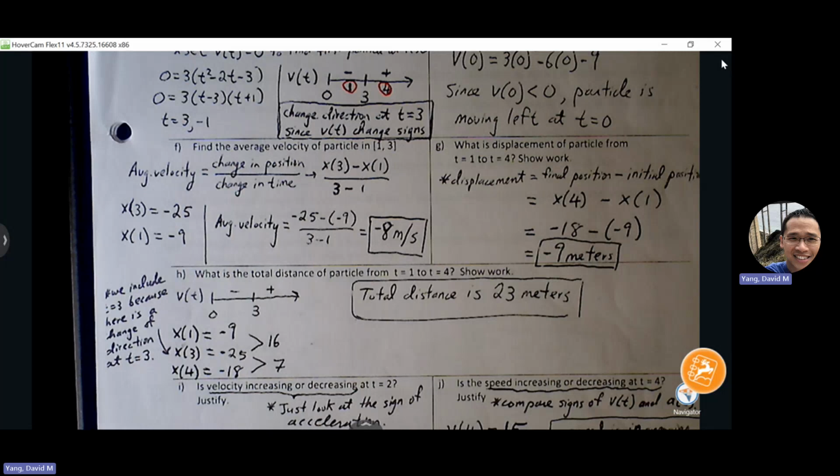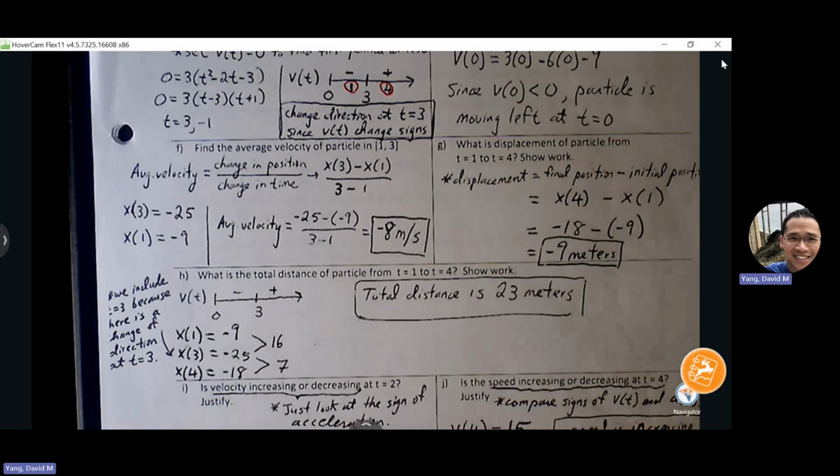It does. We have to track its location at that point where it changed direction, because if it backtracks, we want to count that as a positive value. So we want to include the position at 1, the position at 3, and the position at 4.